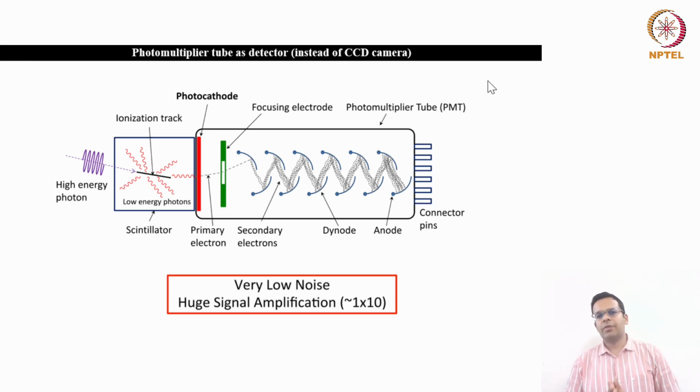Whereas in confocal, the image is formed by scanning the sample in a point by point, pixel by pixel manner, and that's why at a time you just have to record the photons coming from one particular point on the sample. So that's why the photomultiplier tube is used.